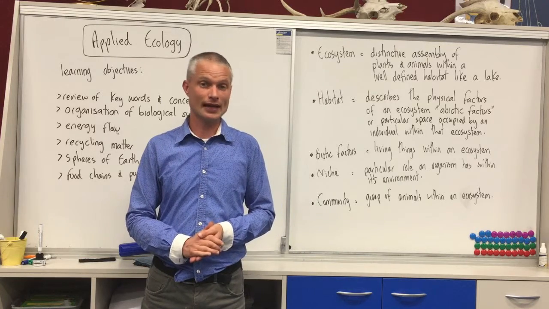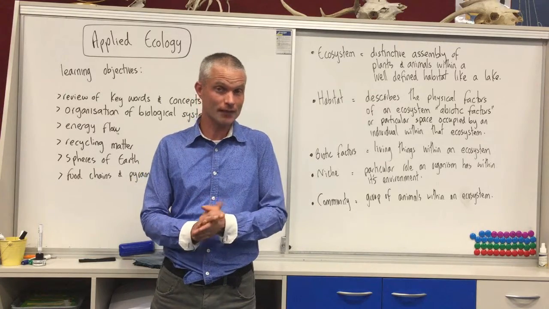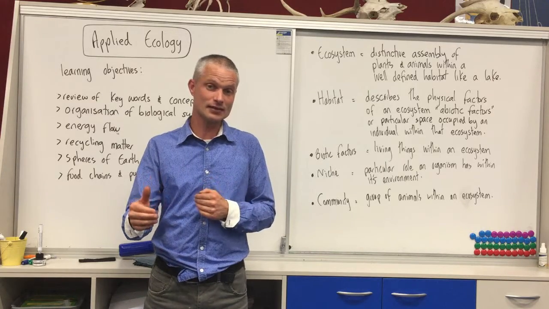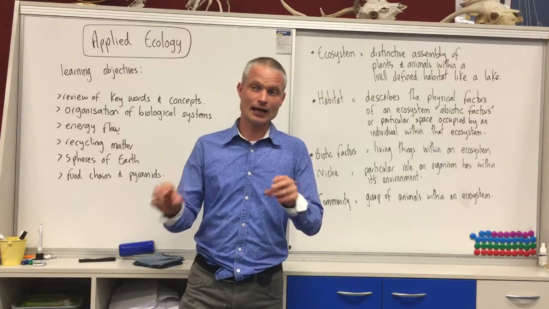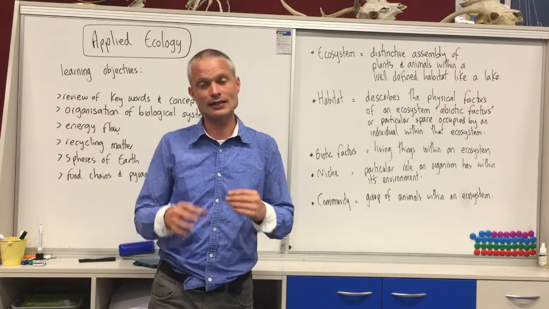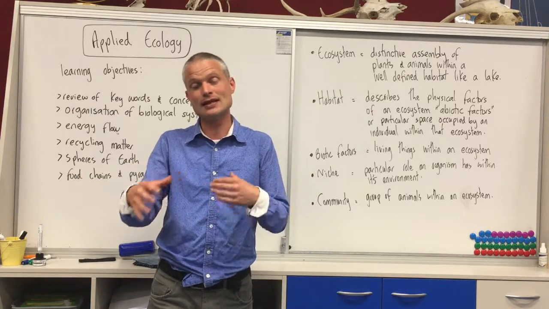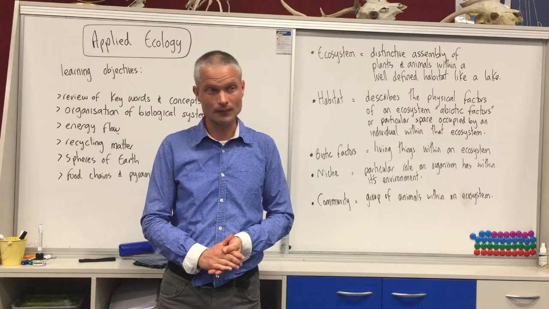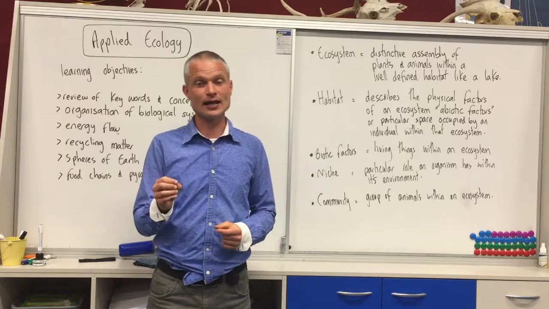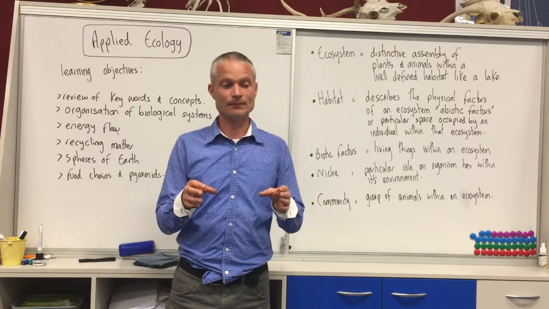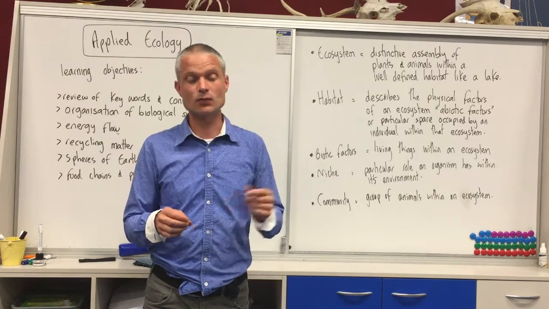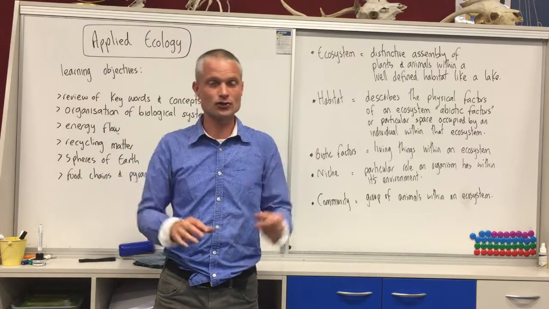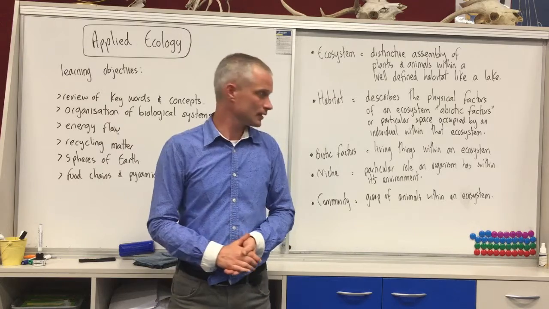If you look at a predatory fish like a trout, for example, it's a top predator within a stream or a lake ecosystem, and its role is to eat the smaller organisms within it, a bit of population control, stabilizing the numbers of those organisms within its environment. So its niche is understanding what it eats, what eats it, and how it influences the other biological systems within its habitat.